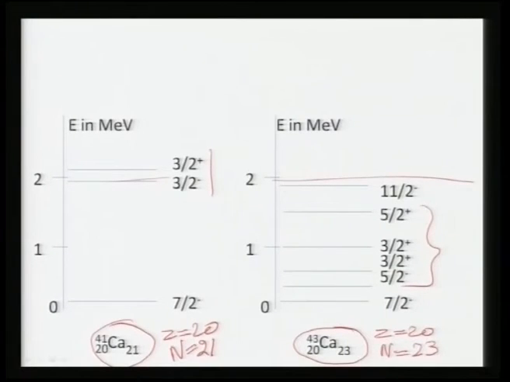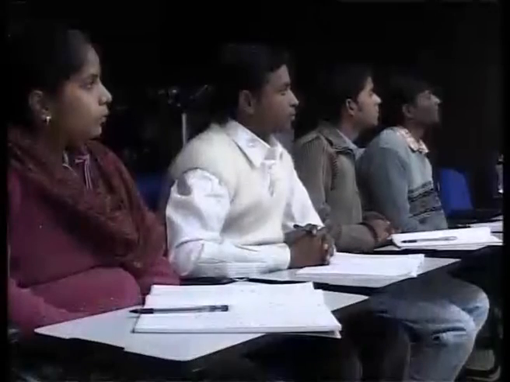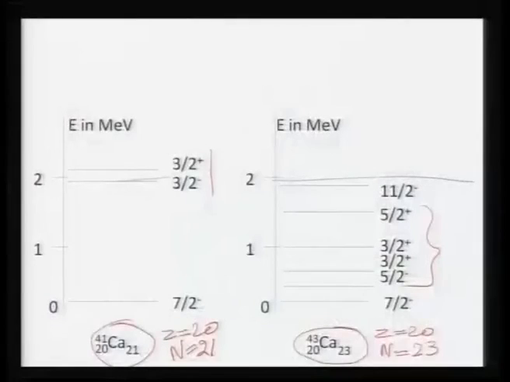This 3/2 plus is more than 2 MeV, it should be, because this 3/2 plus is coming by breaking a pair in d 5/2, and breaking a pair needs about 2 MeV of energy. This 3/2 plus cannot come that way, it is much lower. Okay.